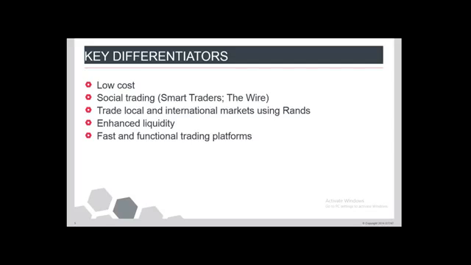All right. We provide local and international markets using the Rand. So in that way, you're negating foreign currency risk and still having the opportunity to trade local and international markets. We have enhanced liquidity, so any trade that you place, it's more than likely and almost guaranteed that you'll be able to sell or buy your particular instrument very easily, without the hassle of trying to find a participant to facilitate that trade.